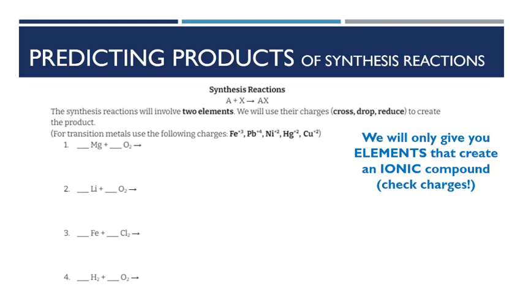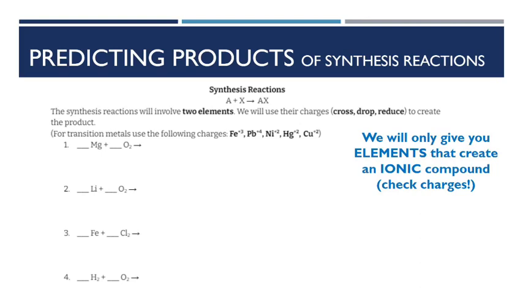Because remember, like hydrogen and carbon can make hundreds of different, if not thousands, of different formulas and combinations in a covalent bond, different ways to share, and different ratios. So as a high school chemistry student, we're only going to ask you to do one specific, simplest type of synthesis reaction, where you have two separate elements coming together to make one ionic product, which means we're going to have to use the charges of those ions to write the formula of that compound.